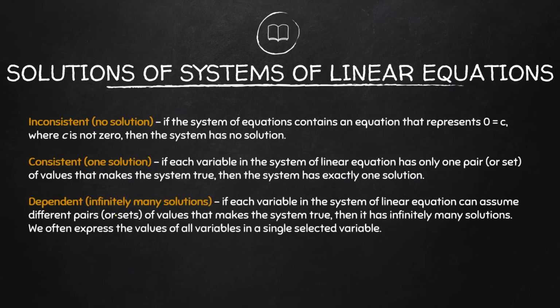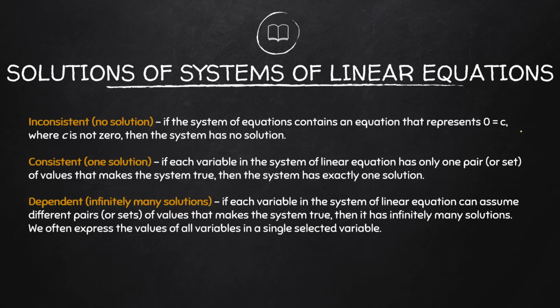Dependent, or infinitely many solutions: each variable in the system of linear equations can assume different pairs or sets of values that make the system true, then it has infinitely many solutions. We often express the values of all variables in a single selected variable.